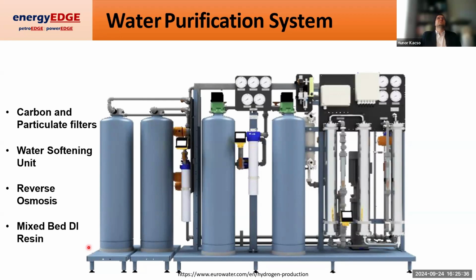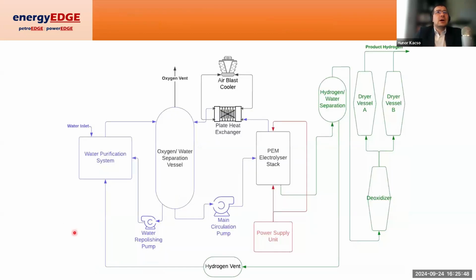So you won't see it go that low, but you can achieve 0.08, 0.09, or 0.1 microsiemens per centimeter downstream of the mixed bed DI resin.